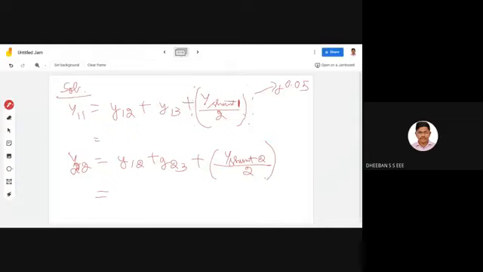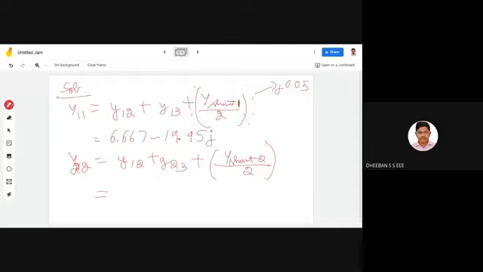Okay, so for y11 you'll be getting 6.667 minus j19.995. So there it was 20, right? So 0.05 had to be subtracted, that is, you have to add it, so it will become minus 19.95j.